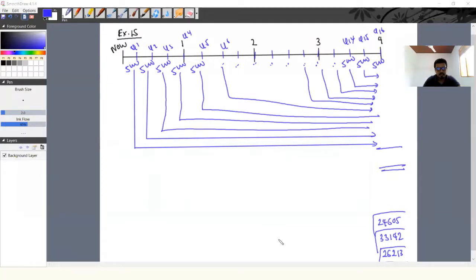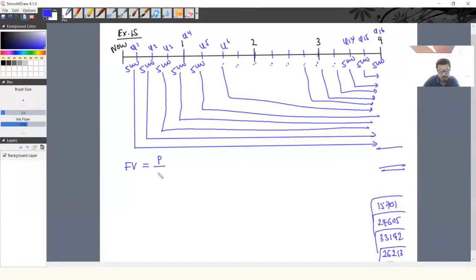Okay, 15,701. Future value of an annuity equals what?